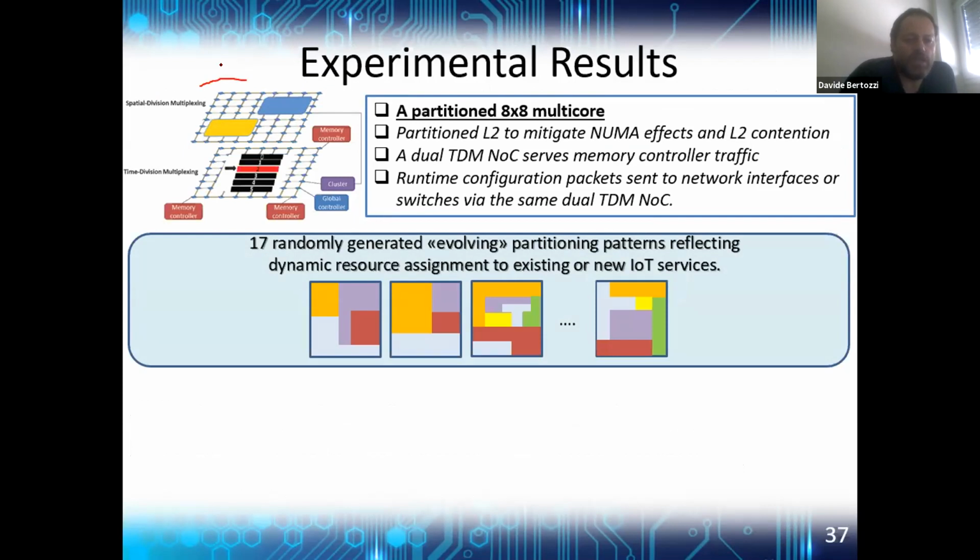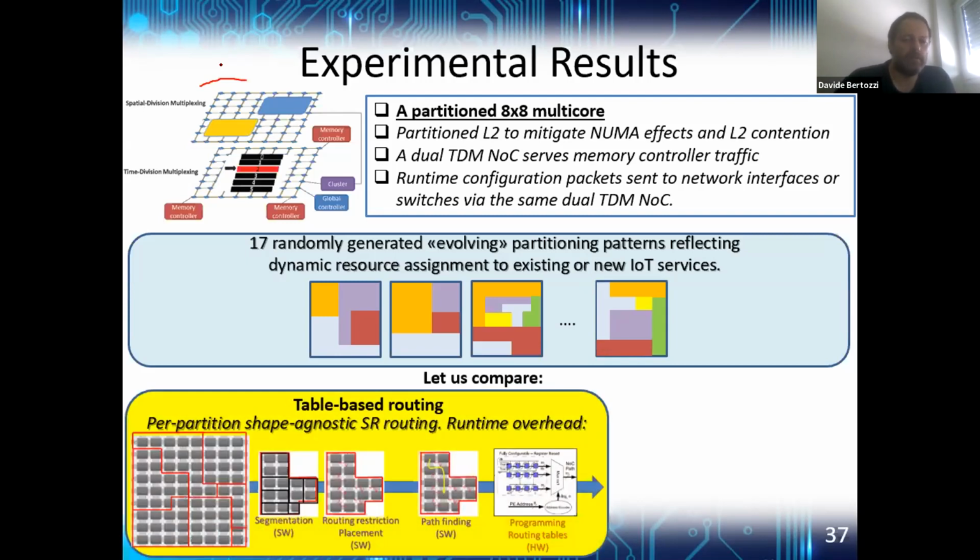In this case, we generate in a random way 17 consecutive partitioning patterns, where we evolve from one partitioning pattern to the other by taking random decisions about reshaping existing partitions and about partitions that come and go. And so we end up having 17 consecutive partitioning patterns, and we want to assess the overhead for reconfiguring the network on chip when going from one partitioning pattern to the next one.